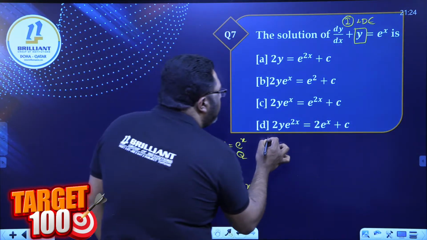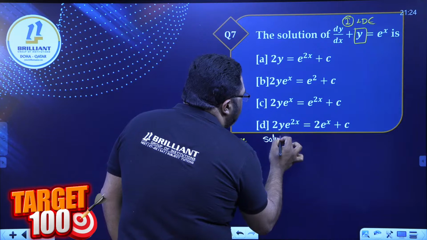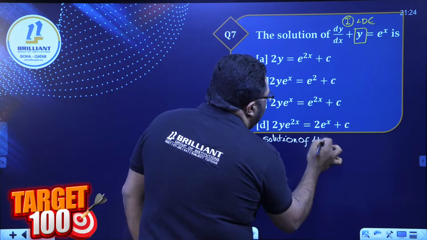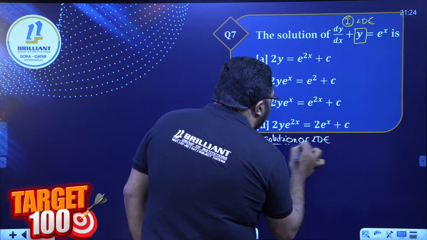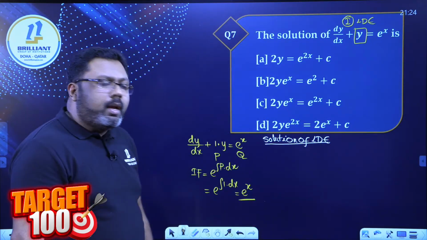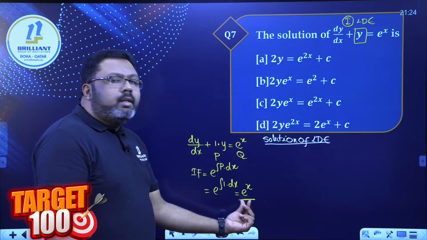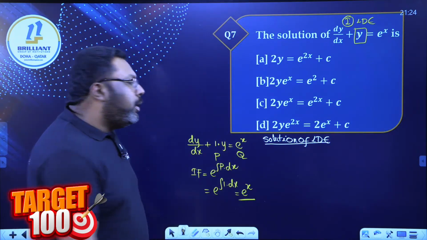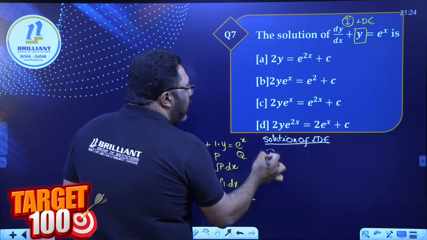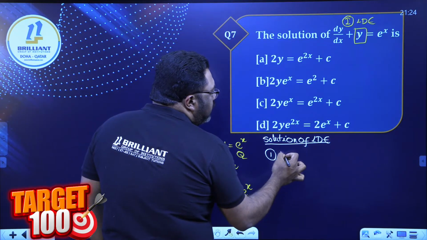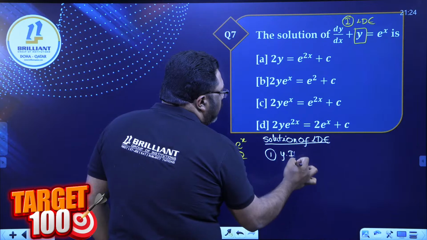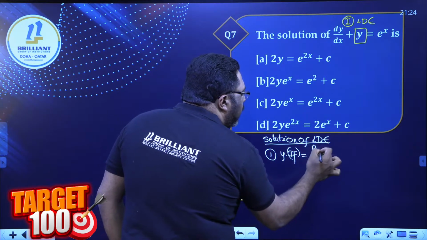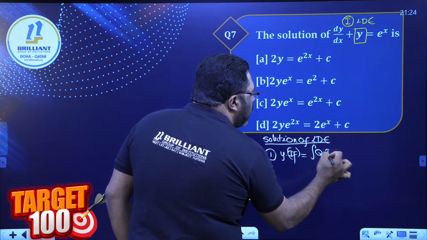Now, what's the technique to solve an LDE type 1? I will write both the methods here. Solution of LDE. Again, don't think it won't be asked for MCQ. It could be, because finding the integrating factor for this is so easy, and we have a shortcut method to find the solution of an LDE. The first type solution is y into integrating factor equals integral q into integrating factor.